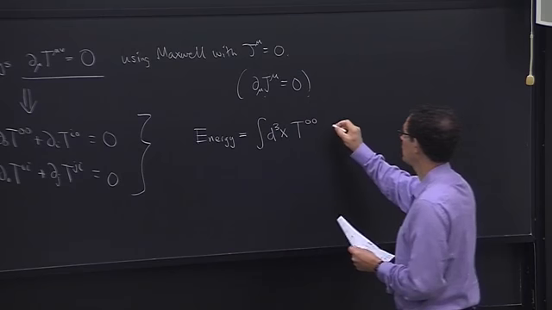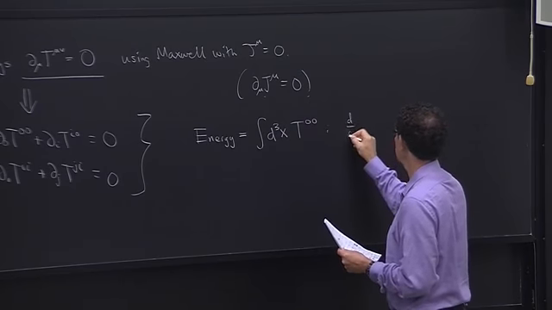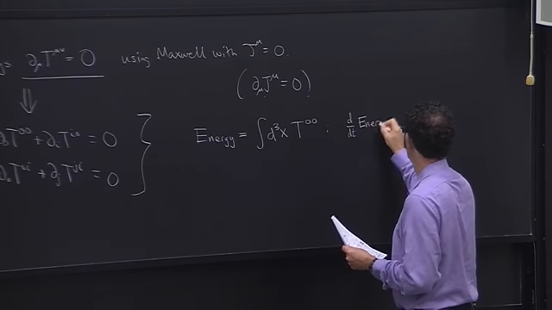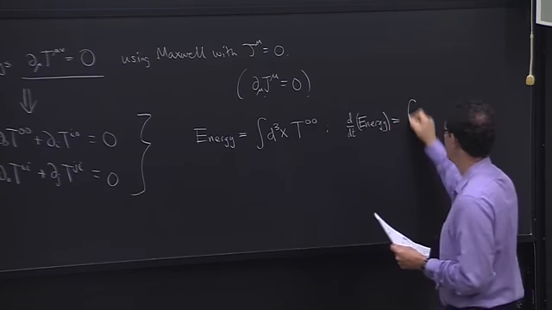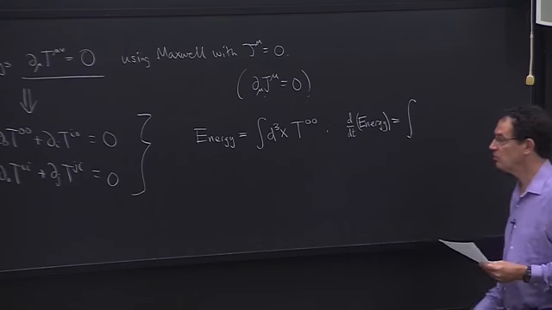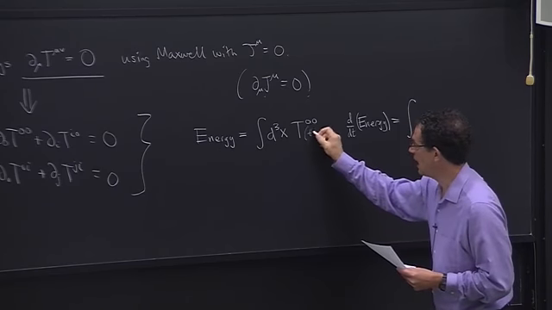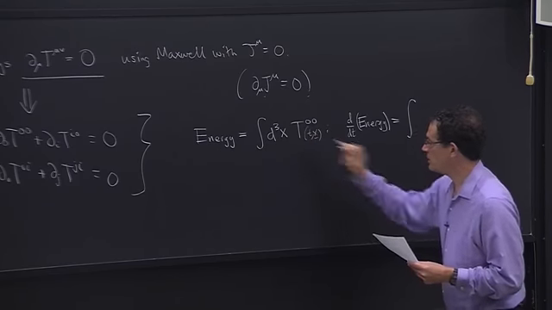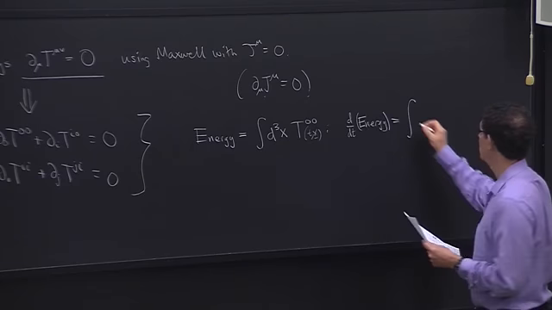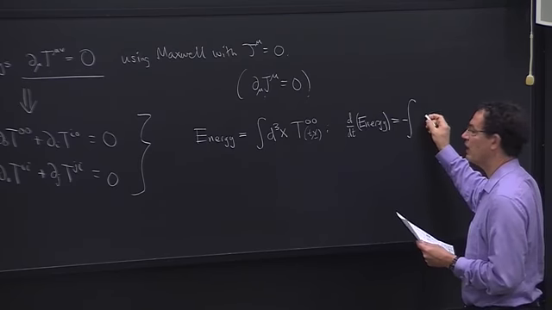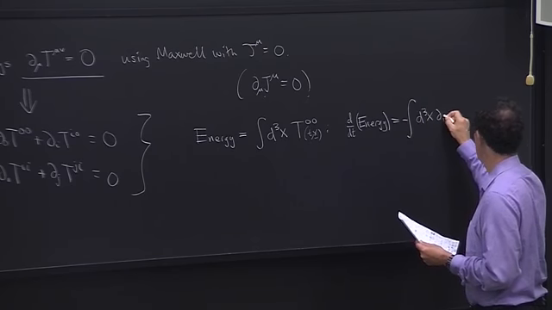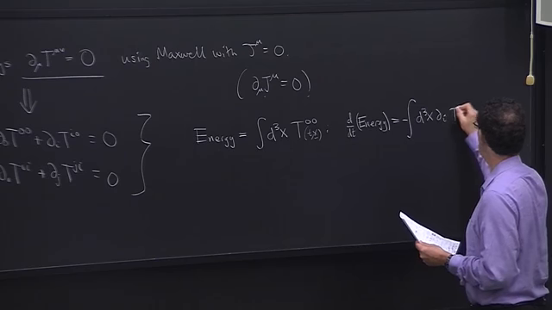It then follows that the time derivative of the energy equals the integral, and I'm allowed to bring the time derivative under the integral because this is a function of t and x. Using that equation, I get minus the integral d3x d i T i naught.